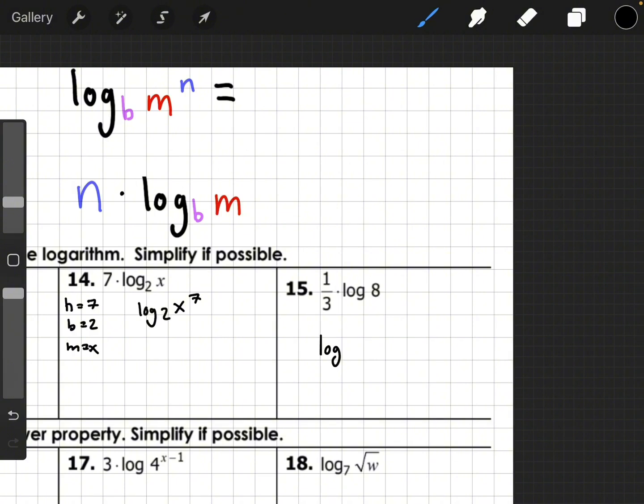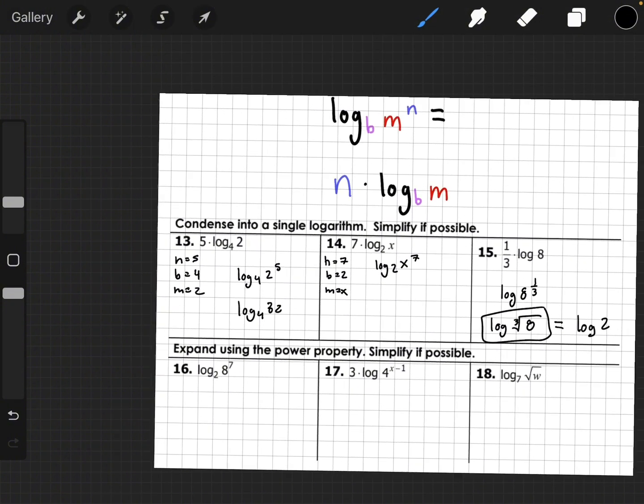Next it's log base 10 of 8 to the power of 1/3. Now we raise something to the power of a fraction. We can also write it as a radical. So log base 10 of the cube root of 8. The cube root of 8 equals 2, so you can also write this as log base 10 of 2.